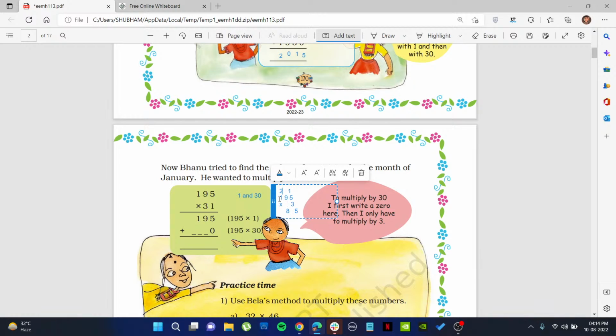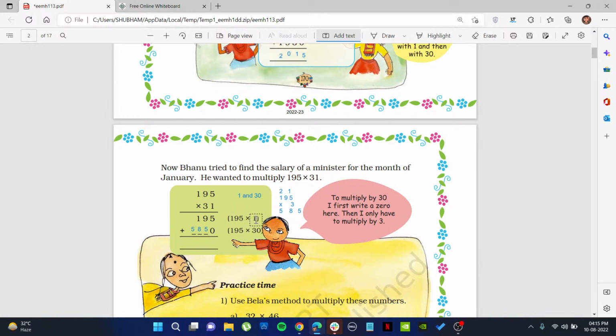Now 3 times 1 is 3, and we'll be adding this 2. It will become 5. So we are getting 585. So let's write 5 here, 8 here, and 5 here.